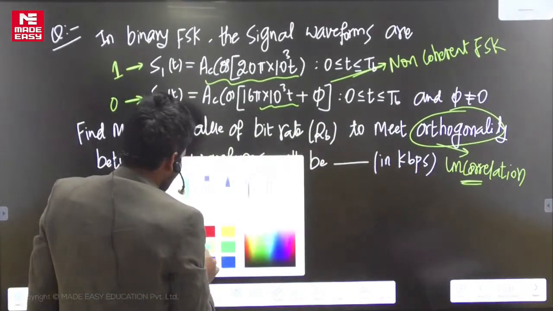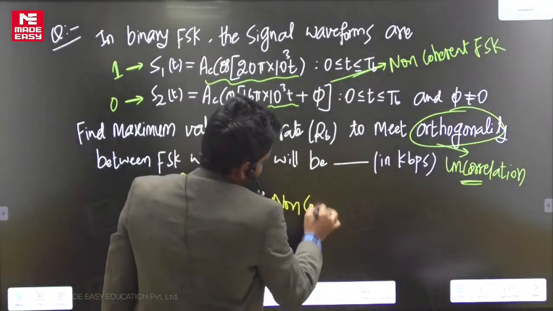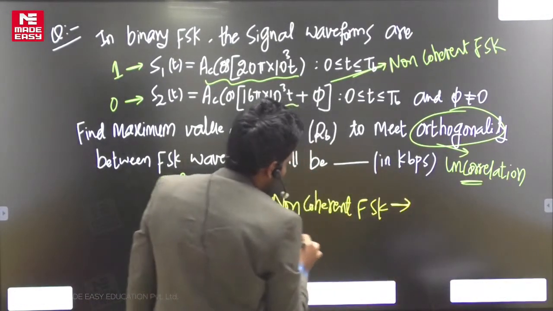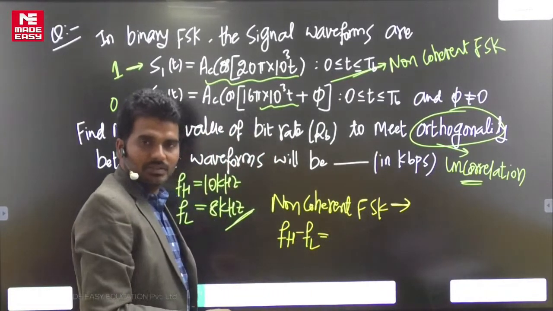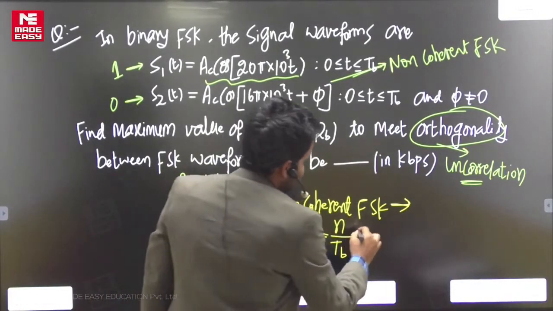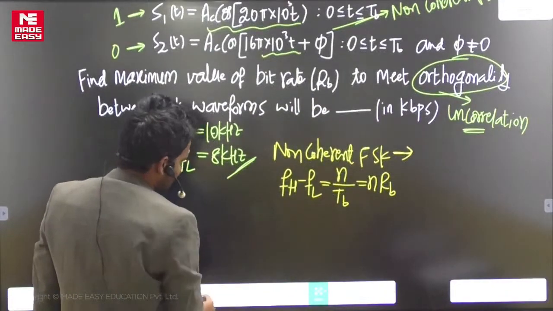Okay. So for non-coherent FSK, what is the condition to maintain orthogonality between FSK waveforms? FH minus FL is N by TB, so that is N times RB. Yes, we have to find out RB here.